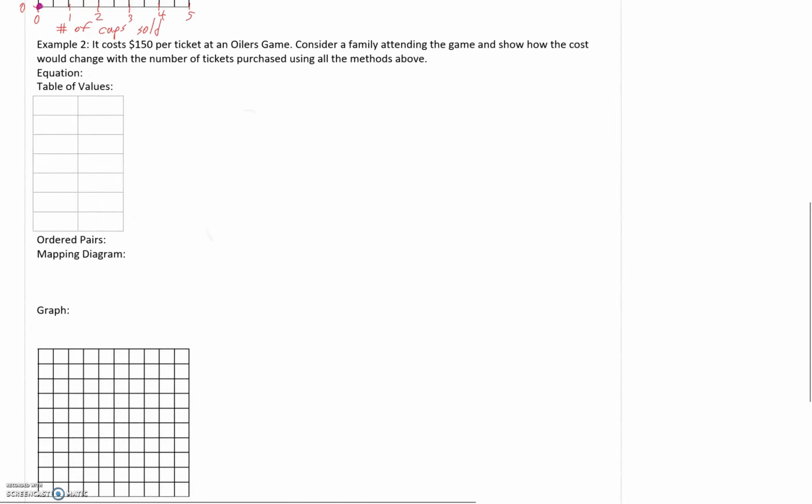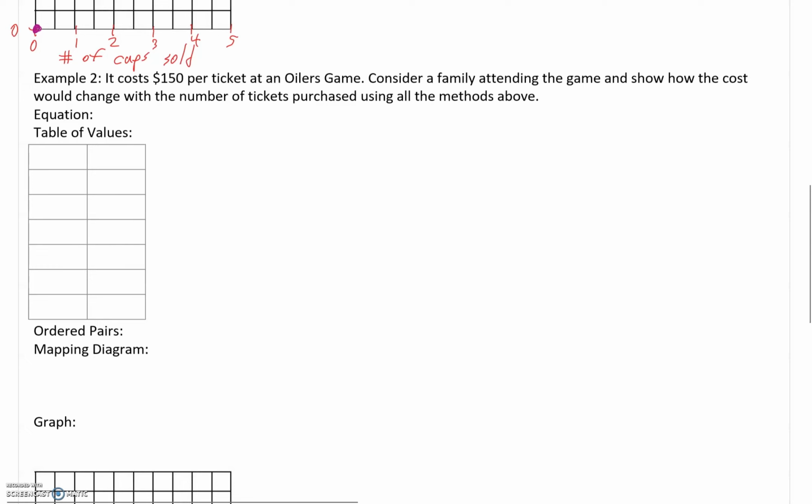All right, so here we have $150 per ticket at an Oilers game. Again, I think making a table of values is the easiest. So we're going to go with number of tickets for our X values, and we're going to go with the cost in dollars for our Y values.